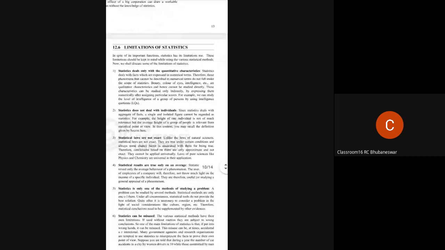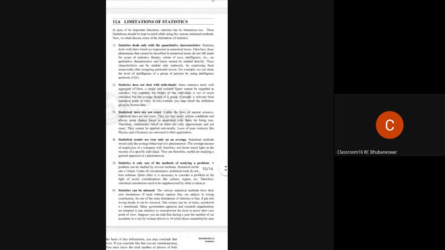Then statistical laws are not exact, that means they fluctuate. There is no particular law for statistics. Then statistical results are true only on an average, that means you cannot take it as an exact result.